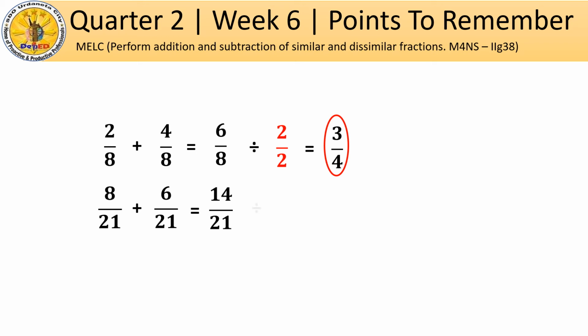So we will divide it by 7. 14 divided by 7 is equal to 2. Then 21 divided by 7 is equal to 3. So the final answer is 2 over 3, or 2/3.